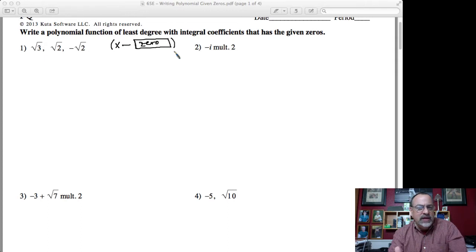So if you eliminate it first, then if you have to multiply again by another zero, you don't have those imaginaries and square roots to mess with, and it can get kind of messy. So remember those things, and then we'll go from there.